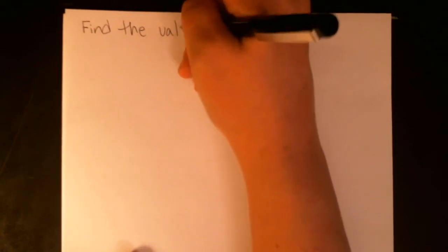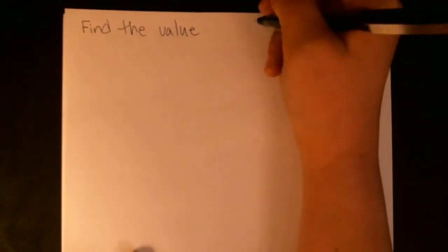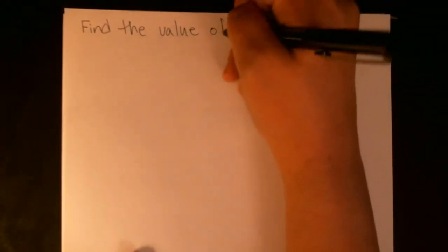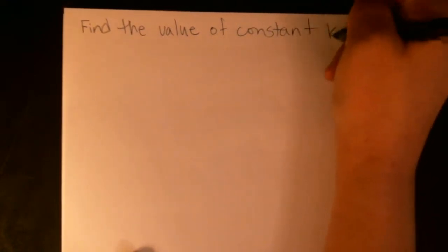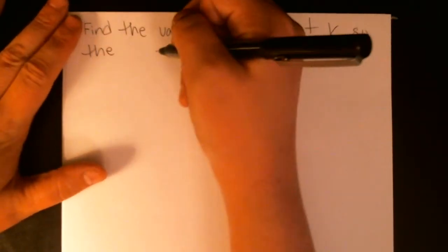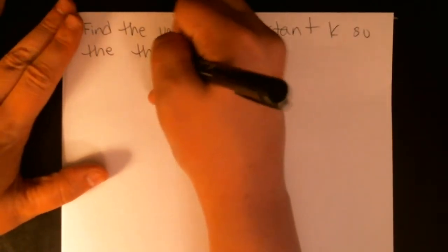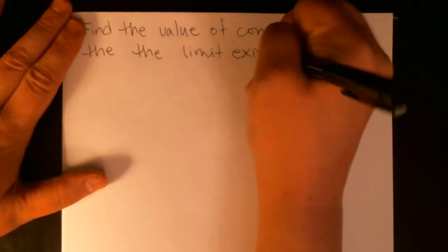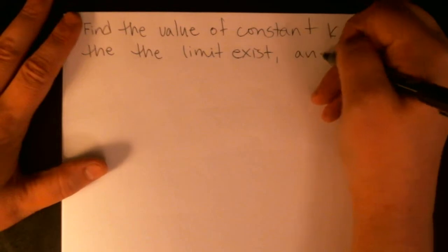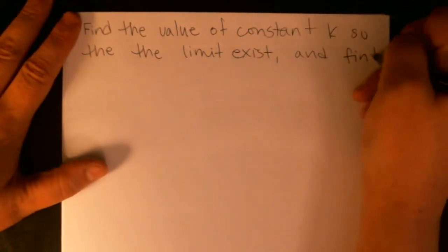I should add these to my sheet so I don't have to write them. Find the value of constant k, even, so that the limit exists, and find the value of the limit.